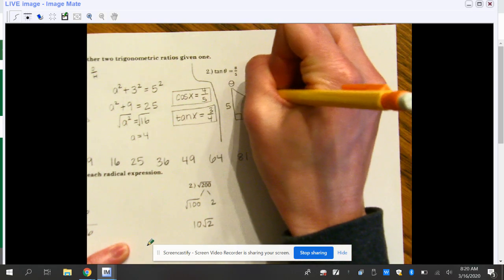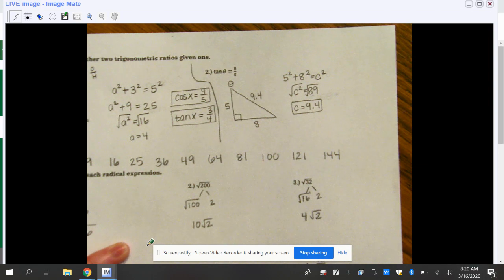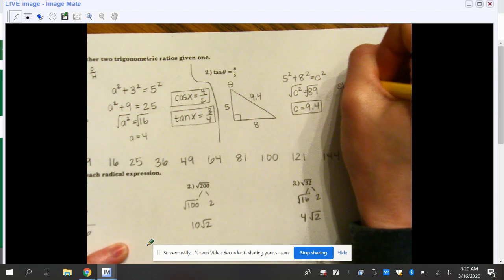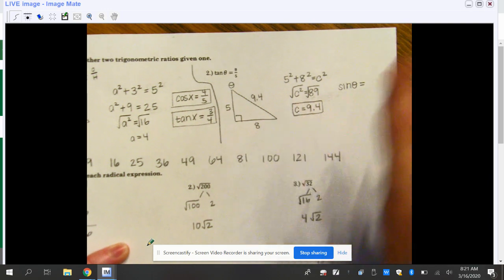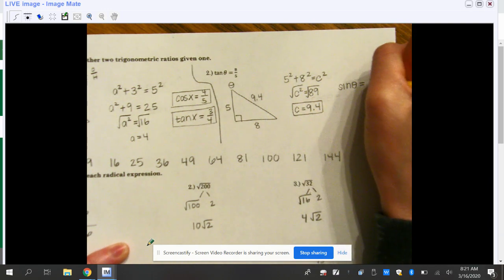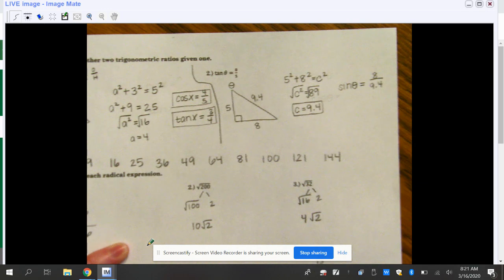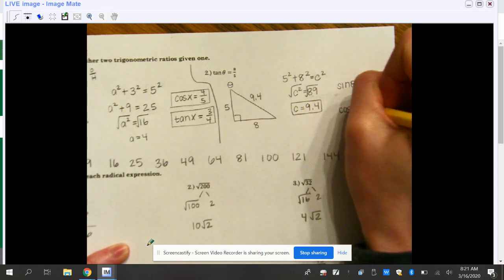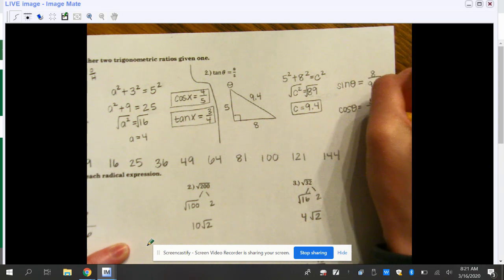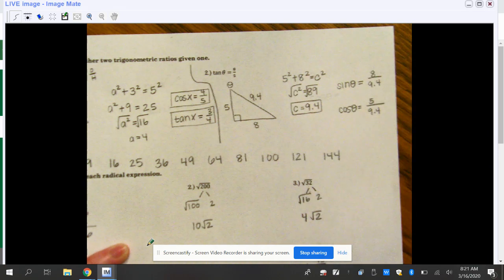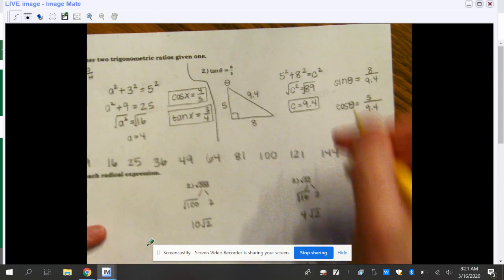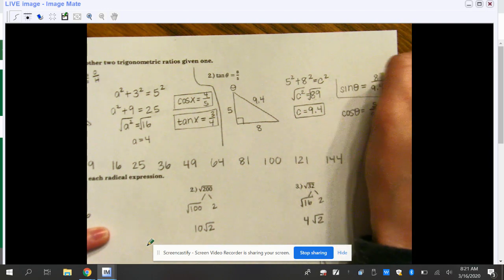And so when I find my other two trig ratios, sine of theta is going to be opposite over hypotenuse, and cosine would be adjacent over hypotenuse. Okay. Again, when it says just find the trig ratio, you're not finding an angle. That would specifically say find an angle.